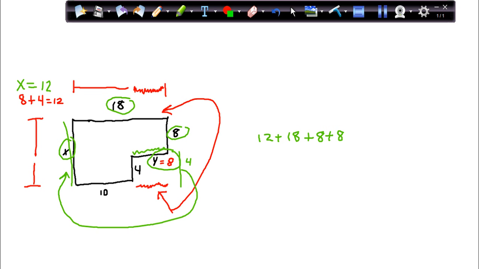And then you have a plus 4. Well, there's my 4 right here. And then what? Plus 10. There it is. There's the 10. So we've added up everything.